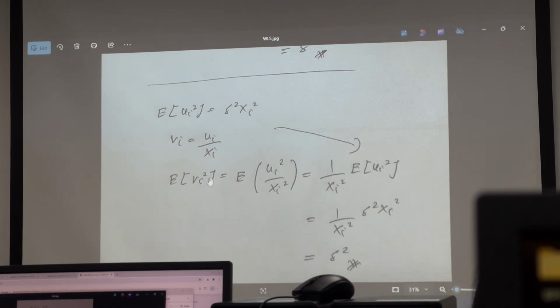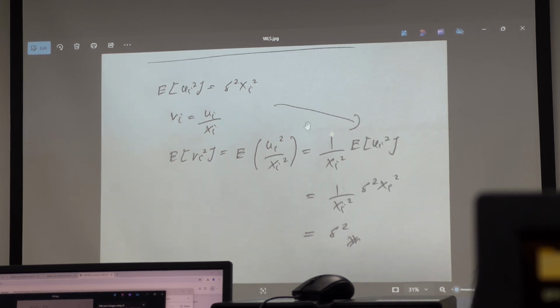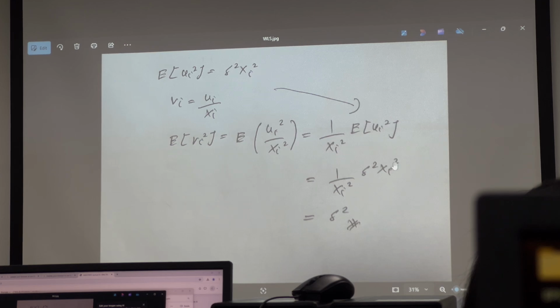So the variance of the new error term vi is given by this. So this one you can take out, so 1 over x squared. So we have this, and we know that the variance of u is given by this. So you can replace it here. So this xi square can cancel out. So we have sigma square just like before.